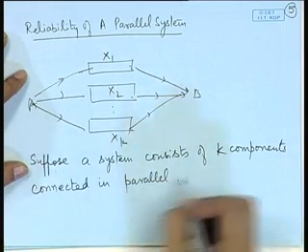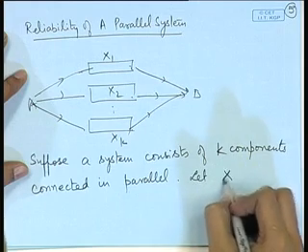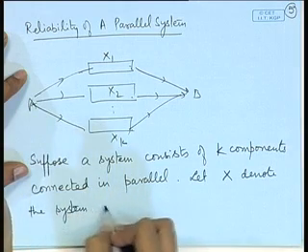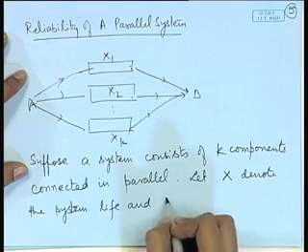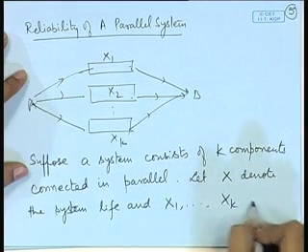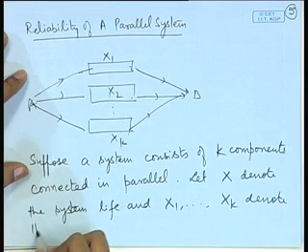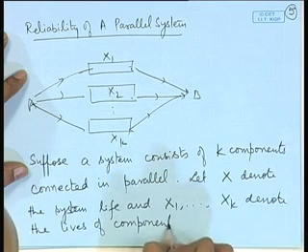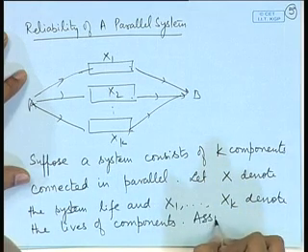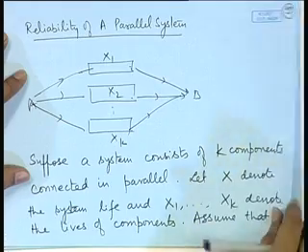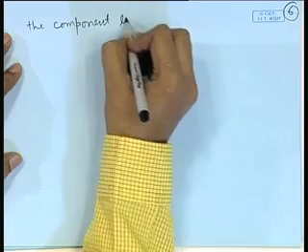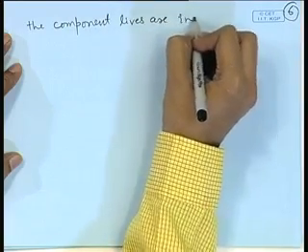So let x denote the system life and x1, x2, xk denote the lives of components. Once again, assume that the component lives are independent.